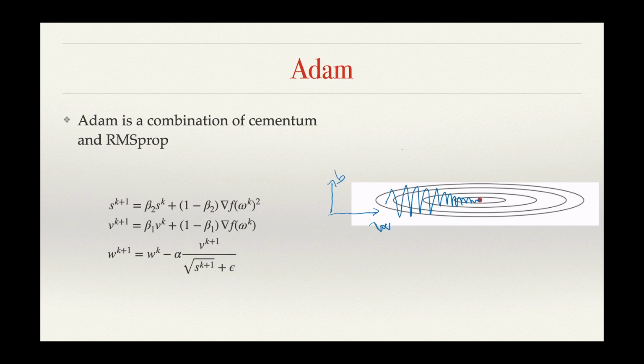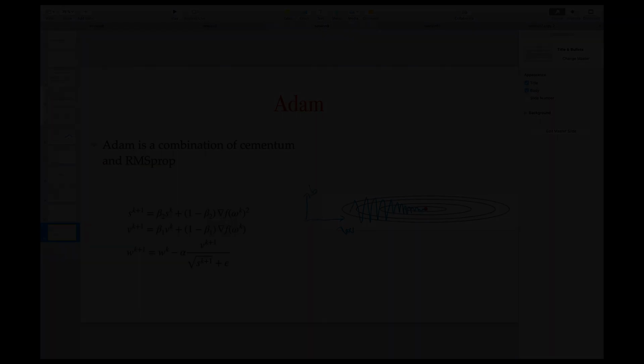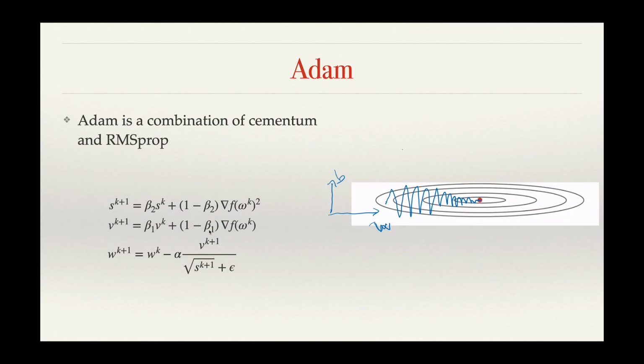Now Adam is a very famous technique in gradient descent. Simply, it's a combination of, I'm sure you thought about it, why don't we combine the mean and the variance. It is a combination of momentum and RMSprop. The idea is that we have two formulas, one for RMSprop and one for the momentum.